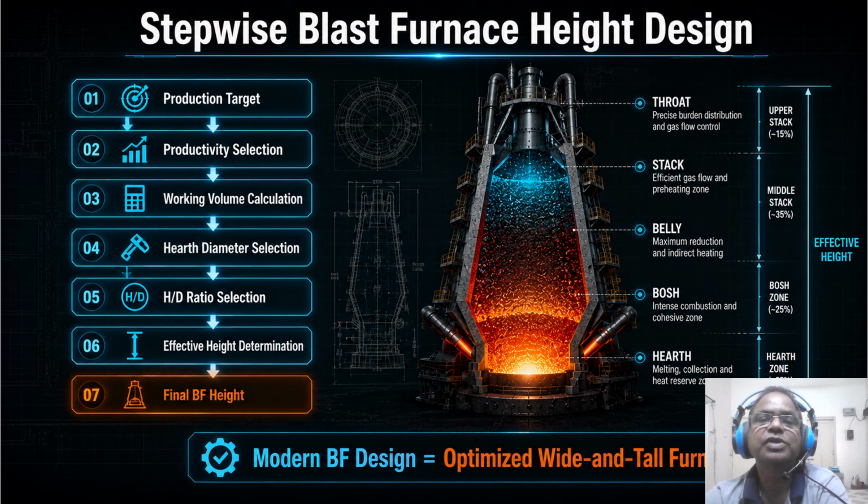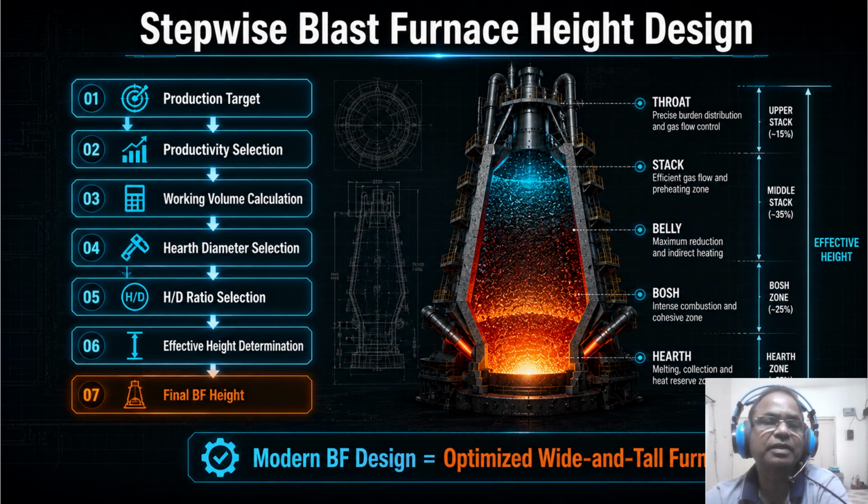Finally, all zones, throat, stack, belly, bosh, and hearth are integrated into the final blast furnace geometry. Modern blast furnace philosophy is therefore not simply to make it taller. Instead, the philosophy is to create an optimized wide and tall furnace that balances productivity, permeability, and thermal efficiency.